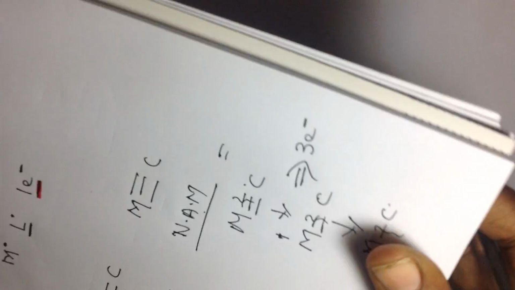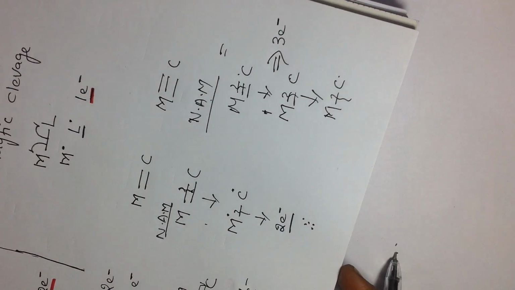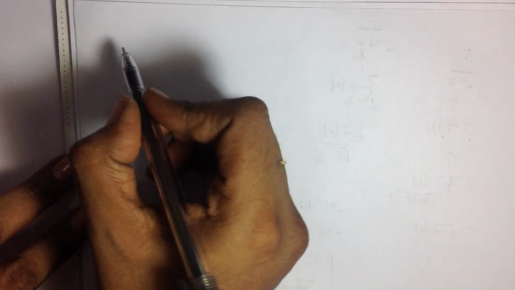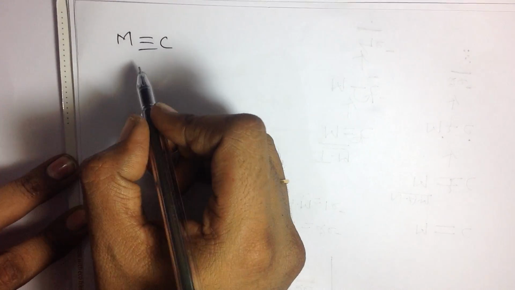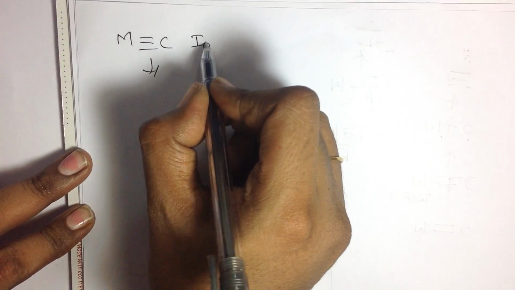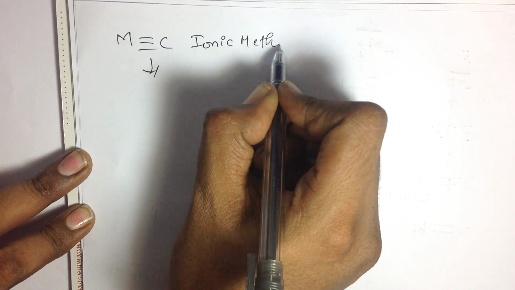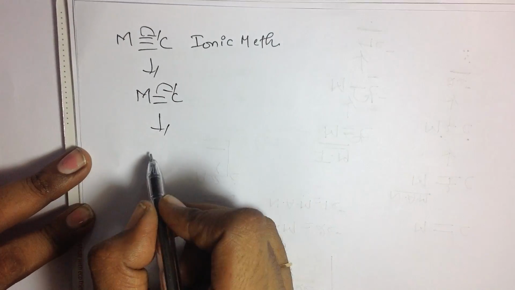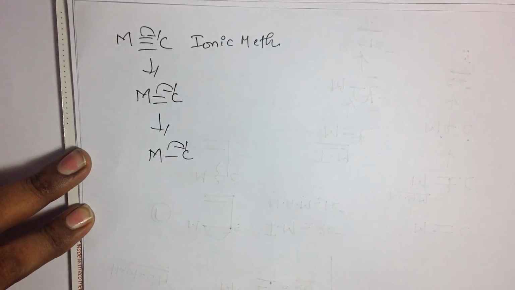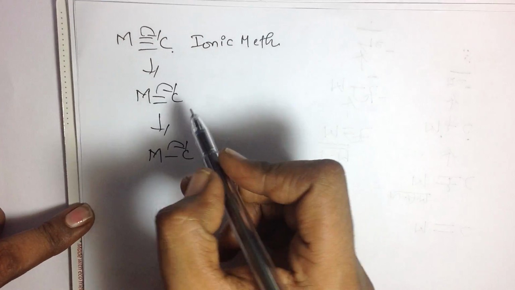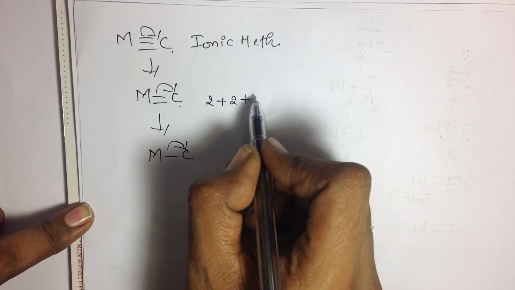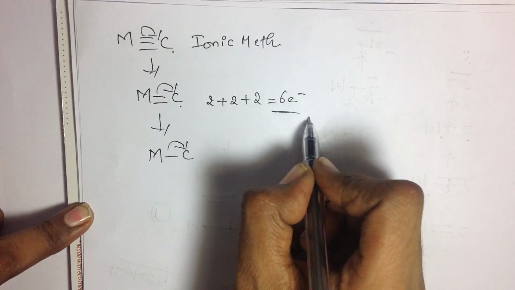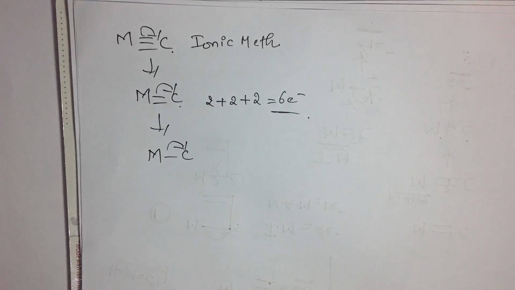The triple bond M≡C: first cleavage, second heterolytic cleavage, and third heterolytic cleavage. So 2 plus 2 plus 2, that is 6 electrons. This is the way you should understand it.